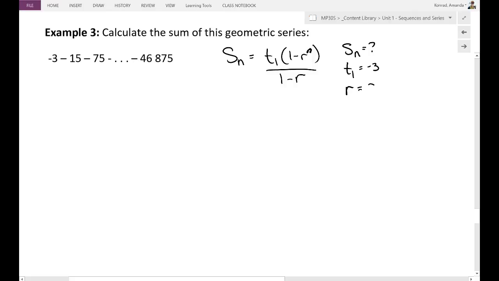R, we are not given, but we could figure out. But also, we do not know our n value, and so we're going to have to solve for that.